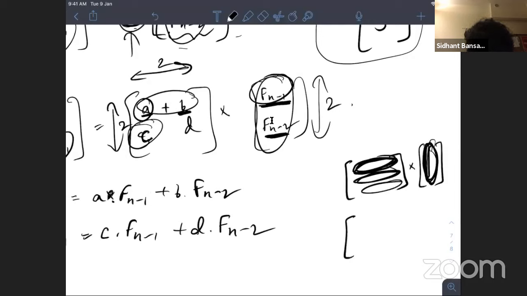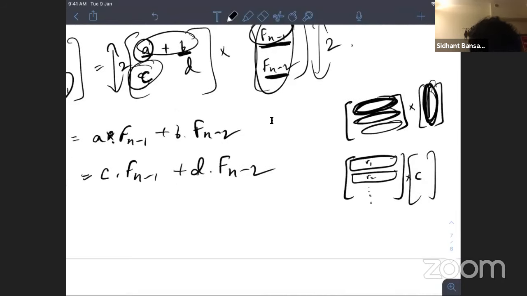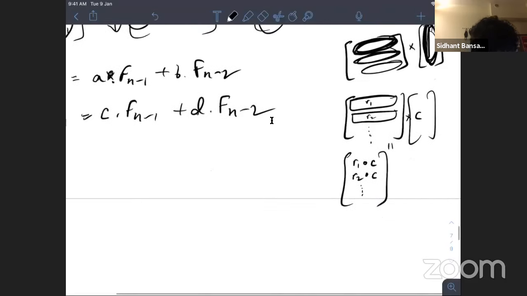For example, let's say this row is R1, this row is R2, and so on, and this column is C. Then the multiplication is going to look like R1 dot C, R2 dot C, and so on. By dot, I basically mean this row multiplied by this column, right?